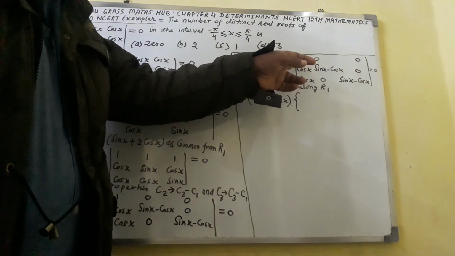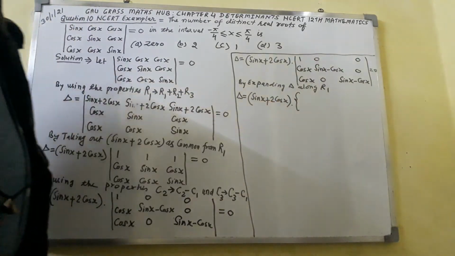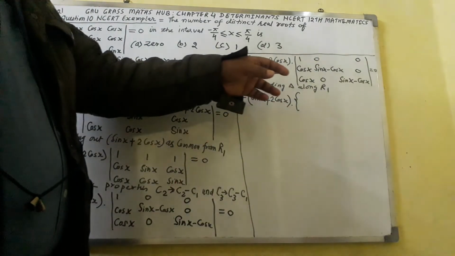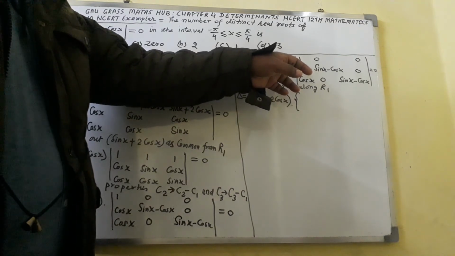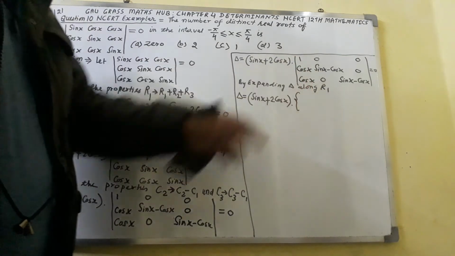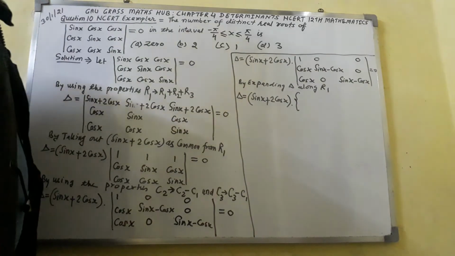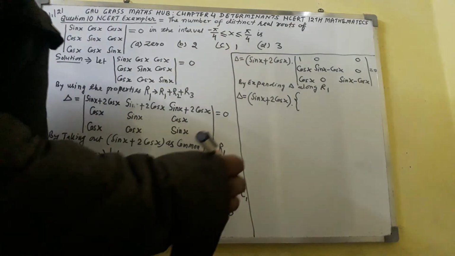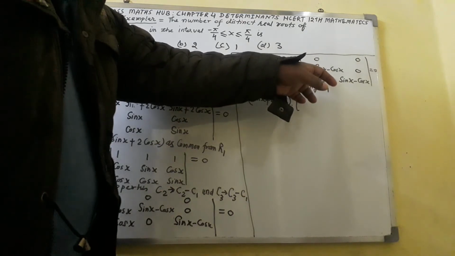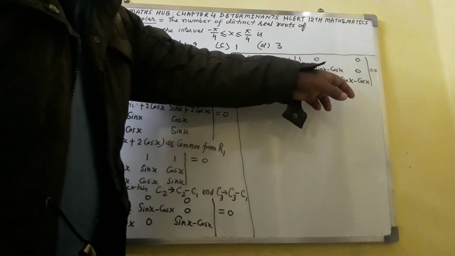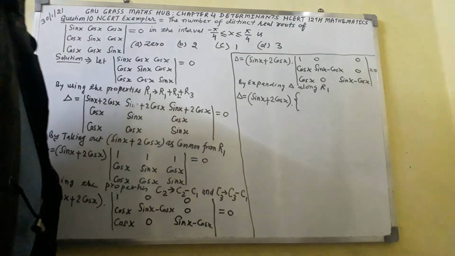Here plus 1 will take. The minor of plus 1 in this det will be, minor det will become here. Elements of principal diagonal, sin x minus cos x and sin x minus cos x will get multiplied together.